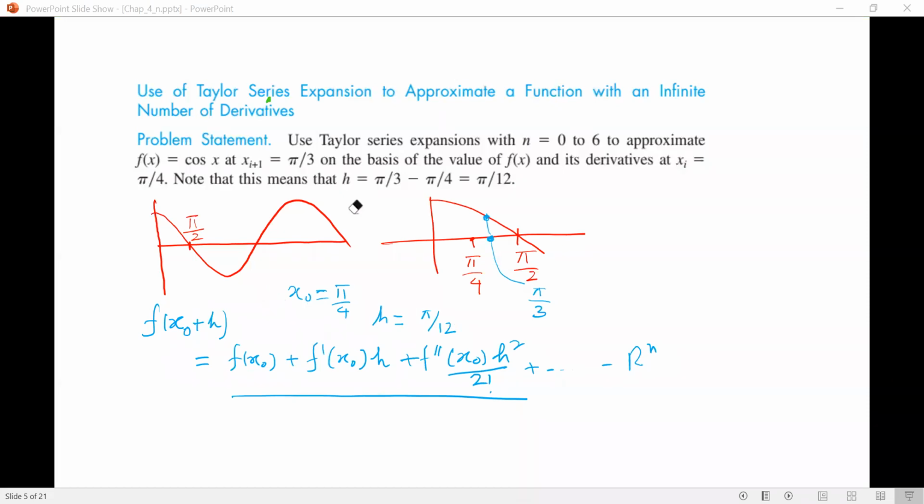So you see that your function value is given to you at pi by 4. And in this case, you see that your derivative will be infinite. So in this case, actually, your prediction is needed.